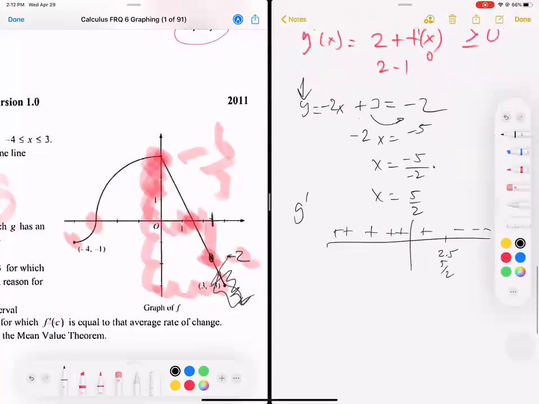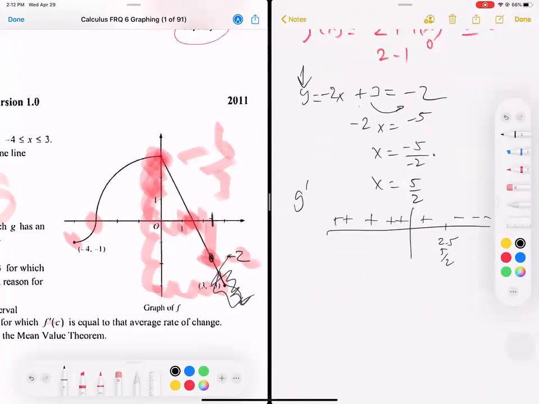Okay. So seeing this, we know we have at least a local max at 5 over 2. Now, how do we make sure this is absolute? Let's see, do they do anything special?